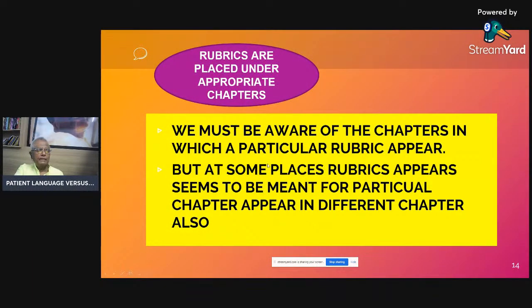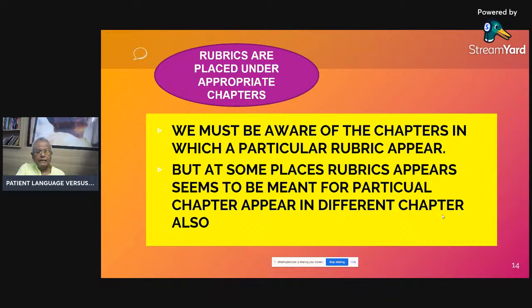And rubrics are placed under appropriate chapters. We have to be aware of which type of rubrics are in which chapter. In some places, rubrics meant for a particular chapter also appear in a different chapter. So differentiate the particular rubrics, the general rubrics and the mental rubrics.